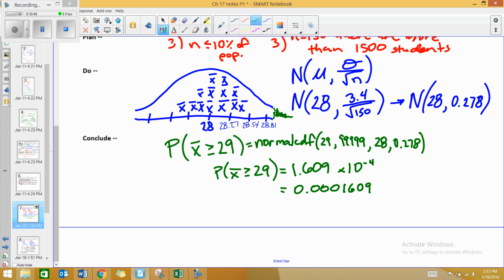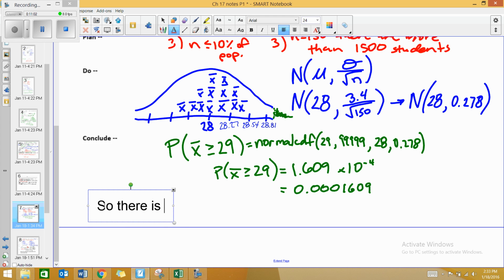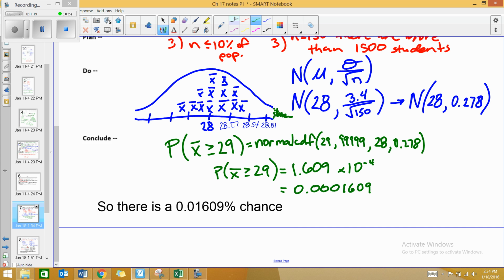And we tie that back into the context. So I will type that out. So there is a 0.01609% chance. All I did here was move that decimal place two over to find the percentage.